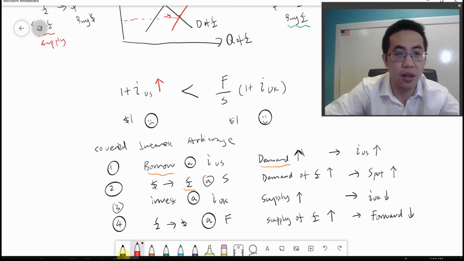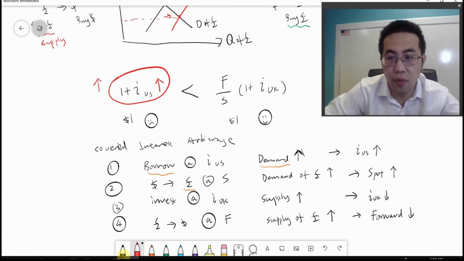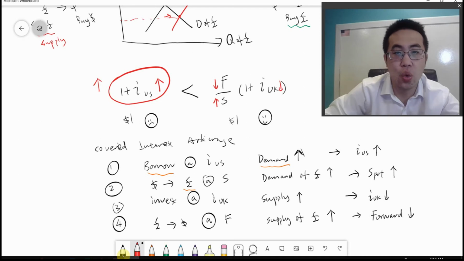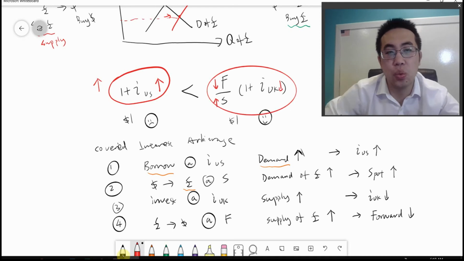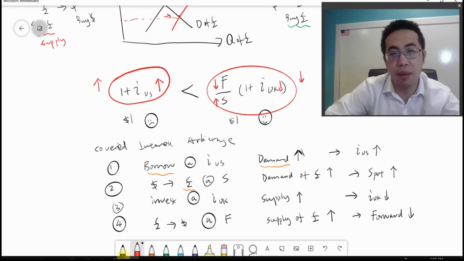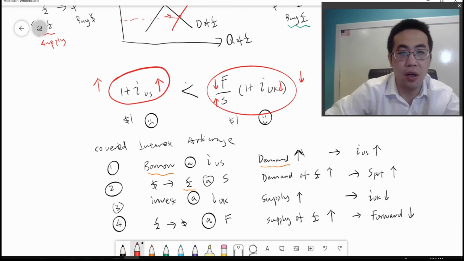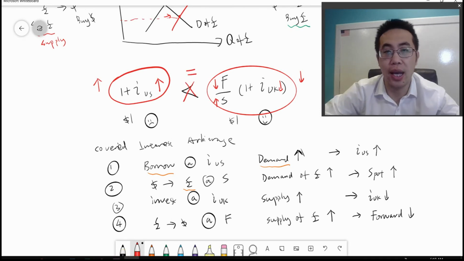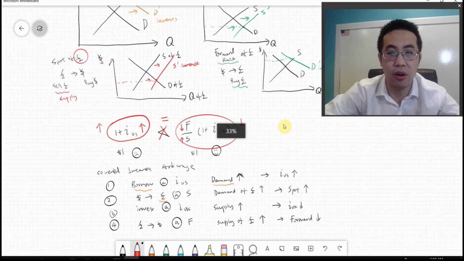So the left-hand side gradually is moving up, and the forward rate is going down, the spot rate is going up, and the UK interest is going down. And jointly, this would make the right-hand side to go down. So when the smaller part becomes larger, the larger part becomes smaller, then both sides will converge to each other and reach back to equilibrium. Okay, so this follows the same process as I mentioned earlier.